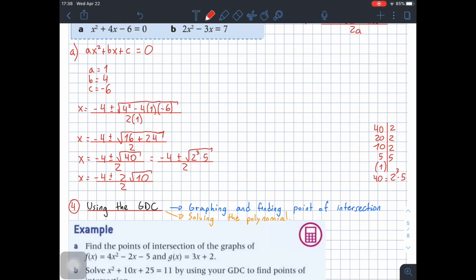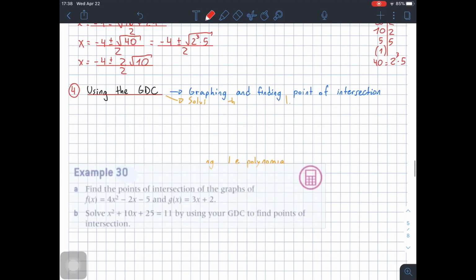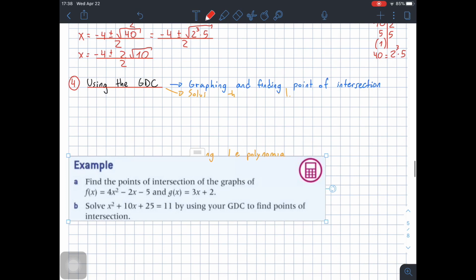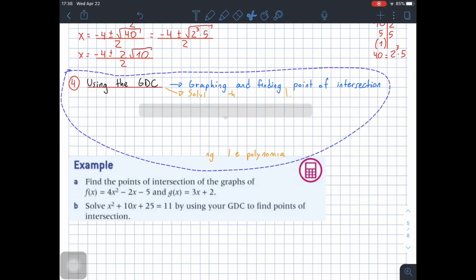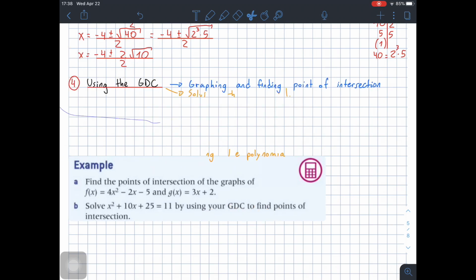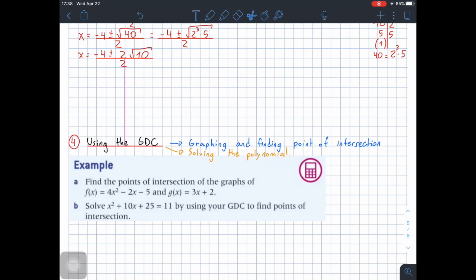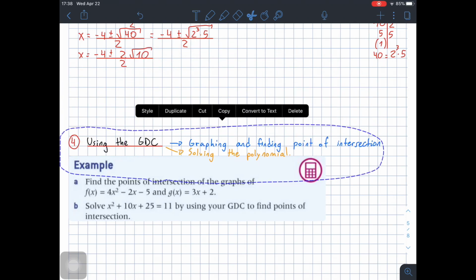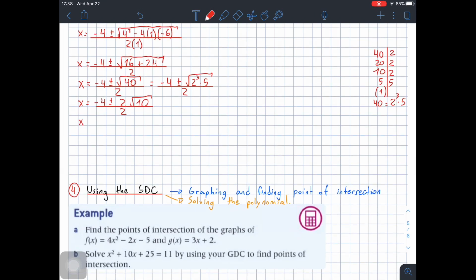Let me take this down a little bit just to have more space. There you go. So one answer would be using the positive sign.